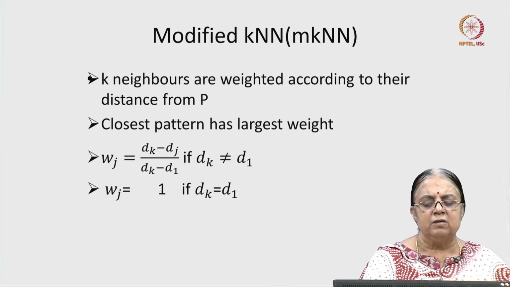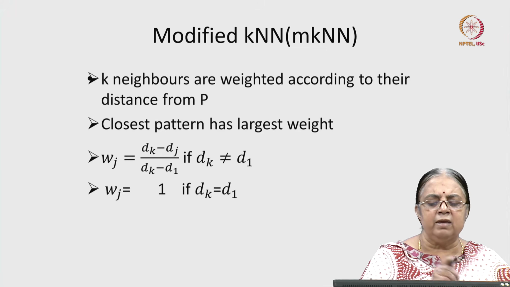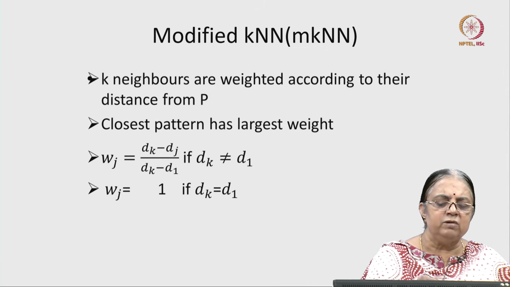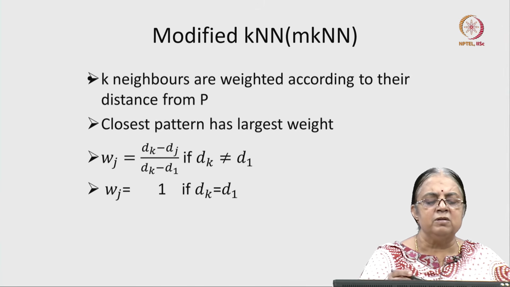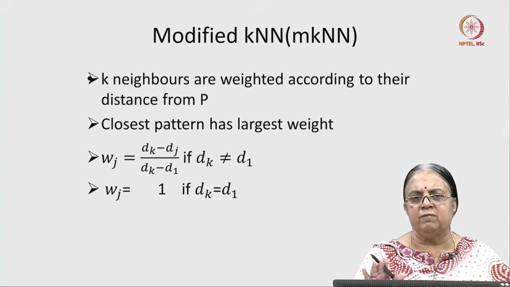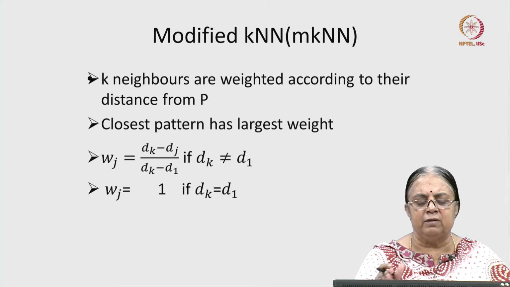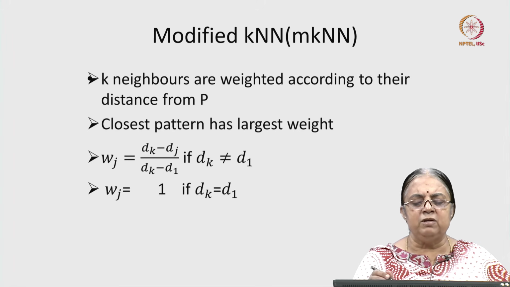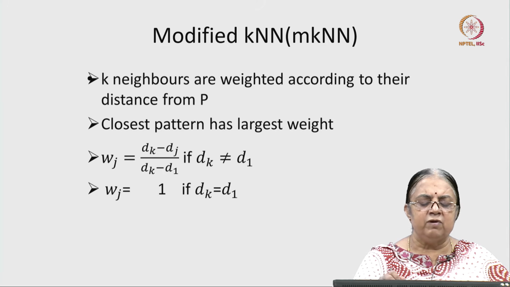Otherwise, if dk is not equal to d1, you find this weight, and it will decrease as you go further away from the pattern. So each pattern, depending on its distance from your pattern P, will have a weight.